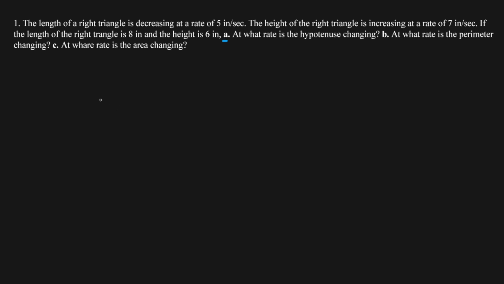For our first step, let's write down everything we know. When you're doing related rates, it's very important to write down all the numbers and rates given in the problem. The length of the triangle is decreasing at a rate of 5 inches per second. So the derivative of length with respect to time is, because it's decreasing, negative 5 inches per second.